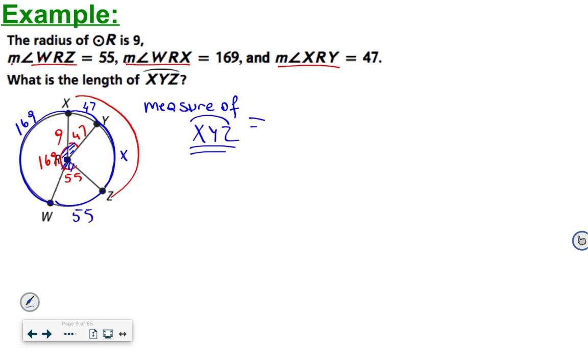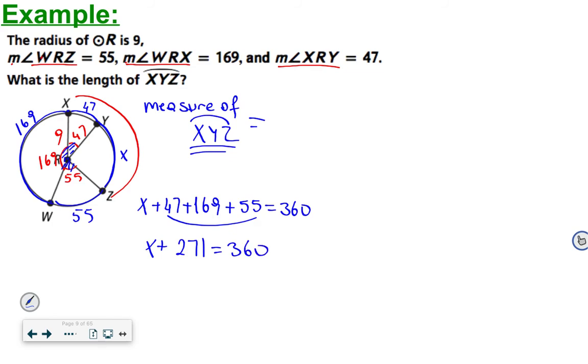When you add them up, it's supposed to be equal to 360. Let's do it. x plus 47 plus 169 plus 55 is going to be equal to 360. If you add them up, 47 plus 169 plus 55 is 271, so x plus 271 is equal to 360.